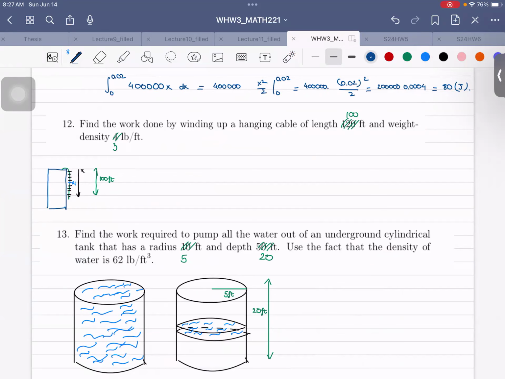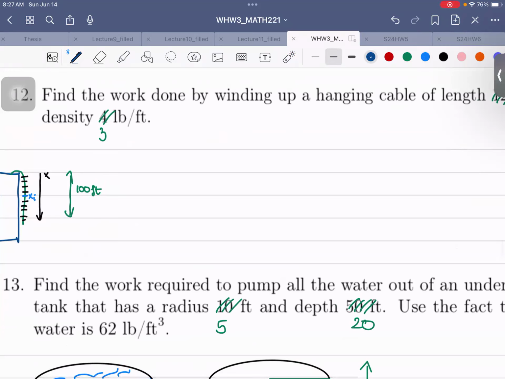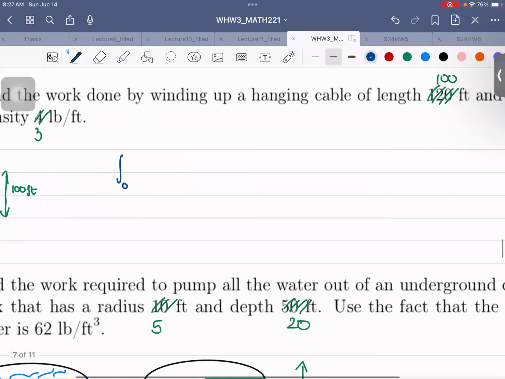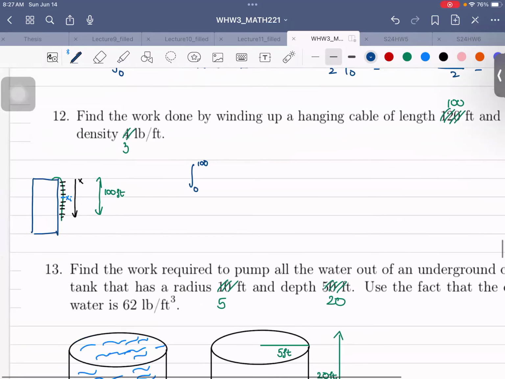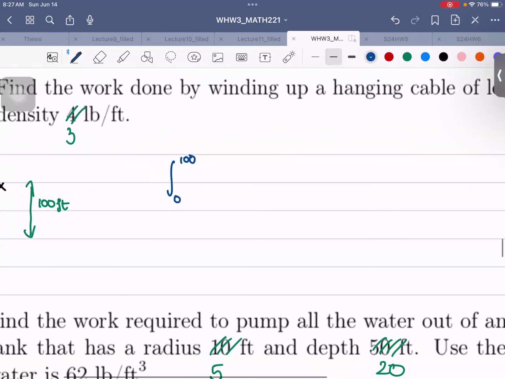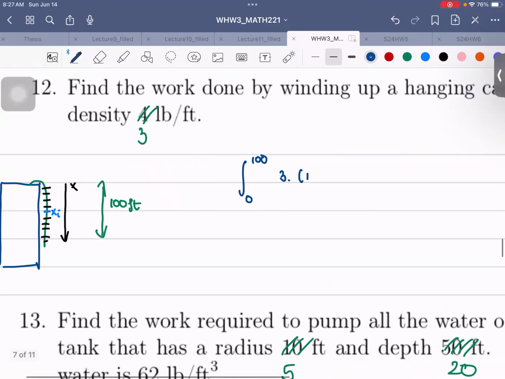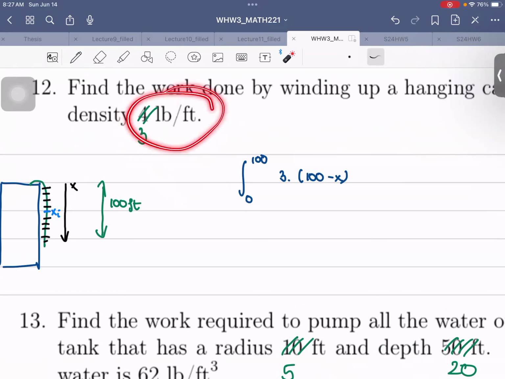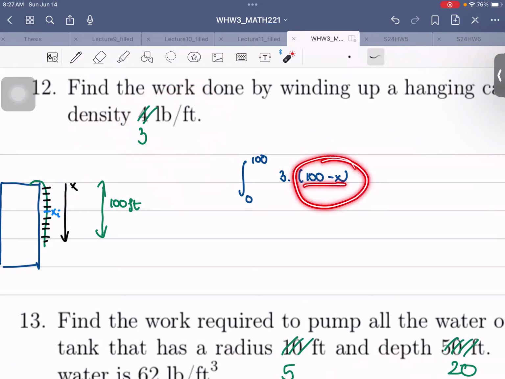So if you want to find the work, you just need to set up the integration from 0 to 100. And you need to take the density multiplied with the distance it has to travel, which is 100 minus x. Okay, this is the force. And you need to take the force multiplied with the distance it has to travel.